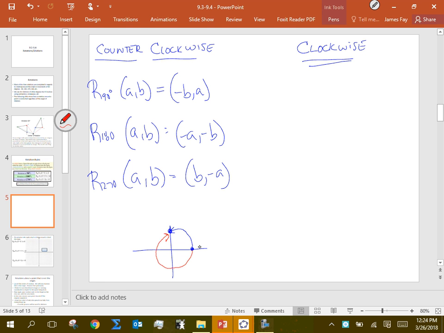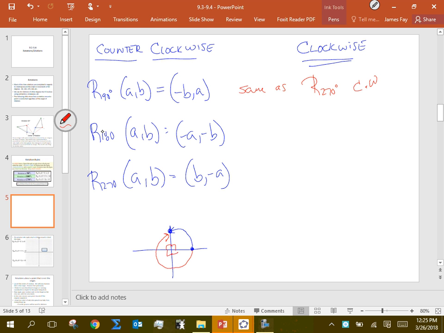That's why I chose a point on the x-axis, because it's easy to see. That's 90, 90, 90, so 90 times 3 would be 270. So a 90-degree counterclockwise rotation is the same as a rotation of 270 degrees clockwise. I'll put just CW.